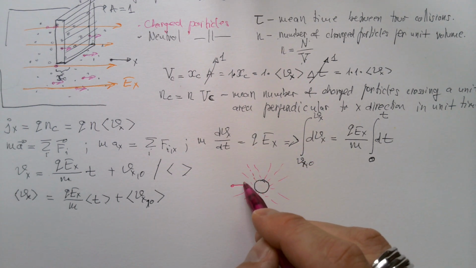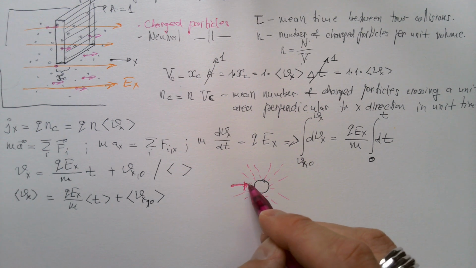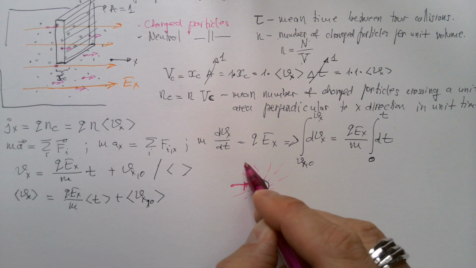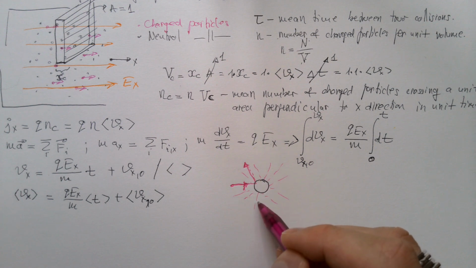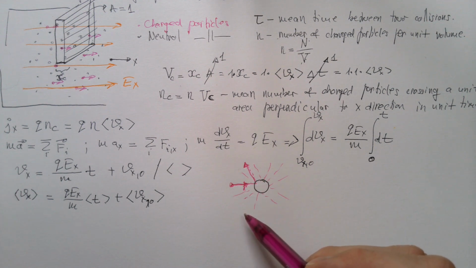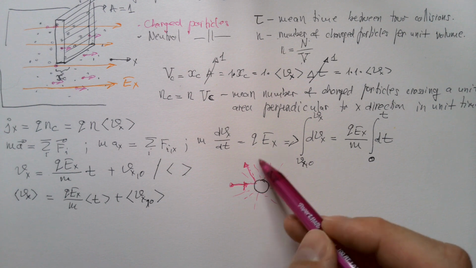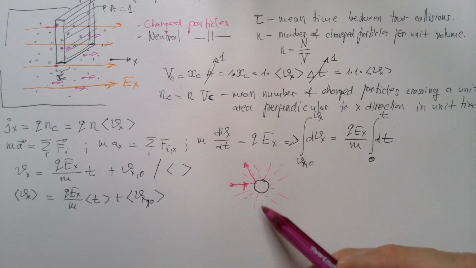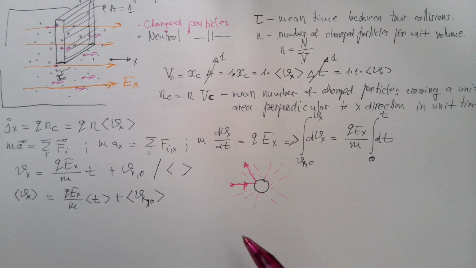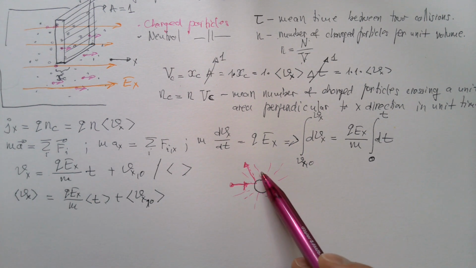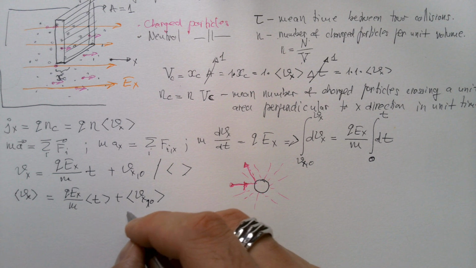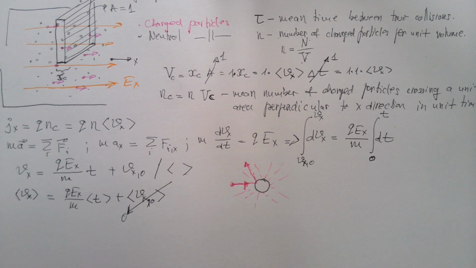Of course, a single collision, like this collision, perhaps will end up in this bounce of the neutral particle. But if I average this over many collisions, then I will see that the direction of reflection is pretty much random. And that means, averaged over many collisions, this ends up being simply zero. You will kindly remember that we had the absolutely same argument when we defined temperature in my video on temperature of an ideal gas.